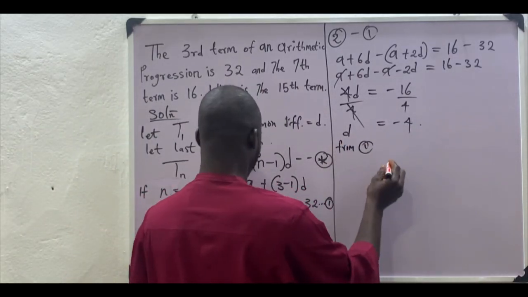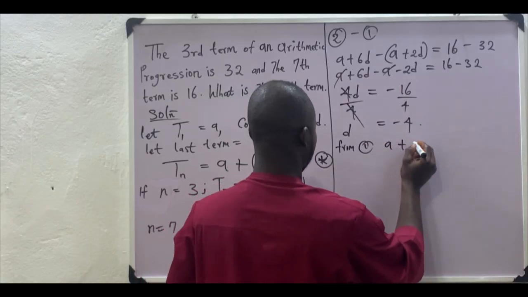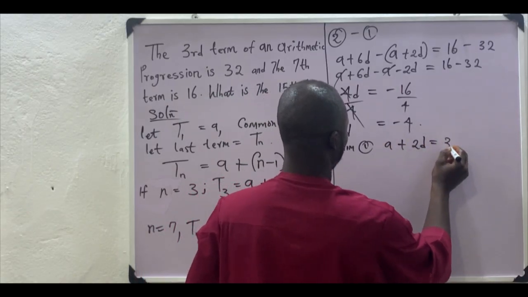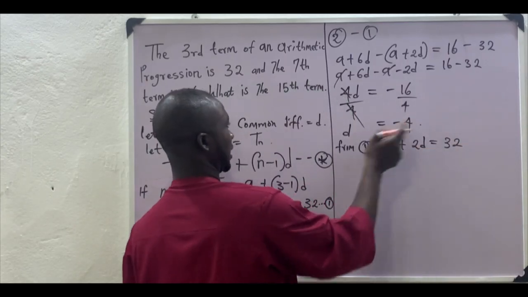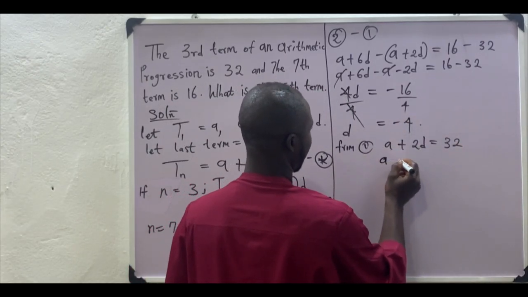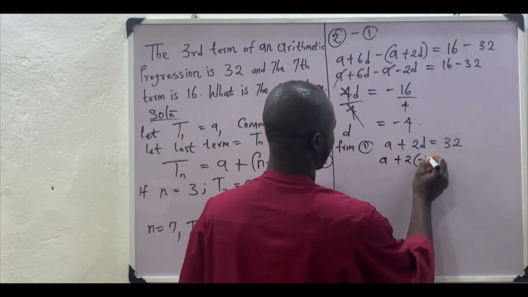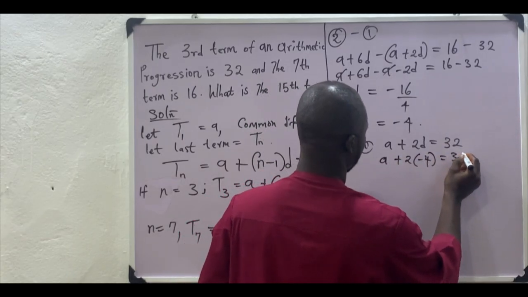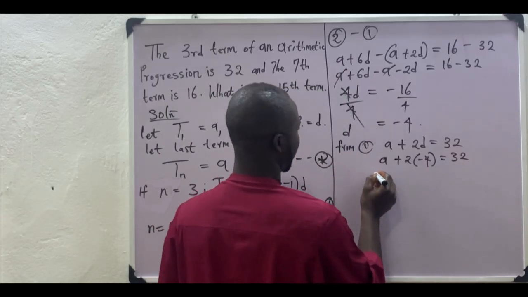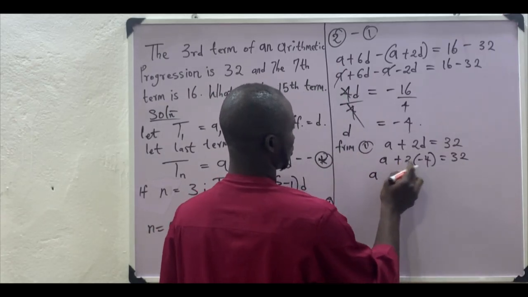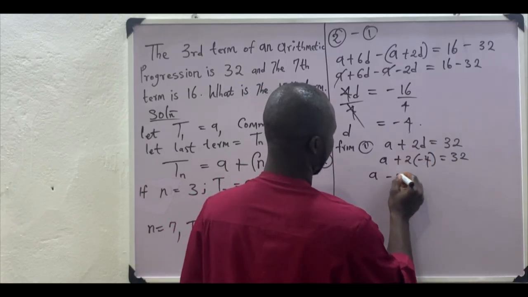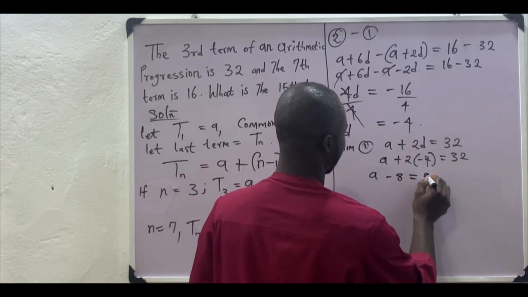that equation 1 says a plus 2d is equal to 32. Here, d is already minus 4. So we have a plus 2 times minus 4 equals 32. So a plus 2 times minus 4 will give us minus 8, and this is the same thing as 32.